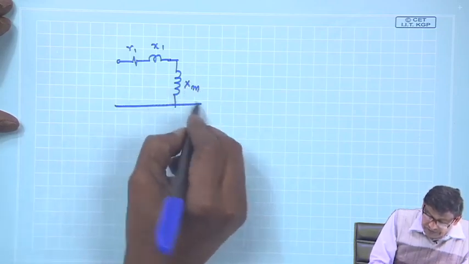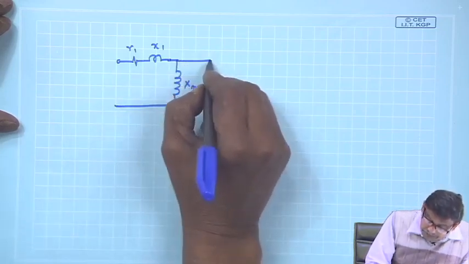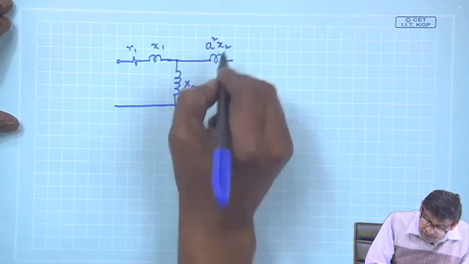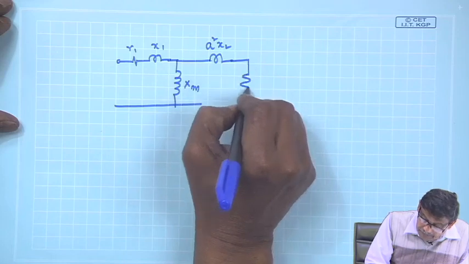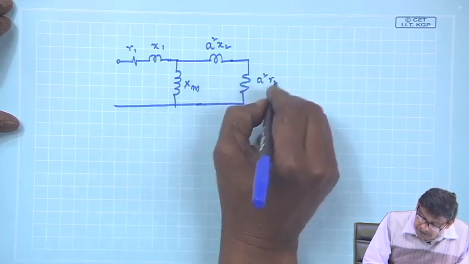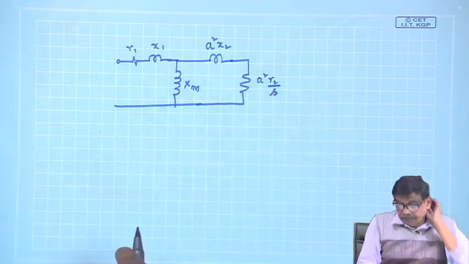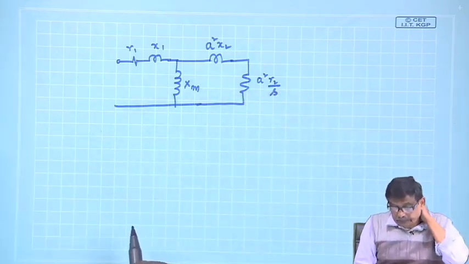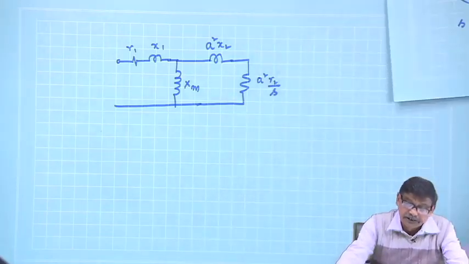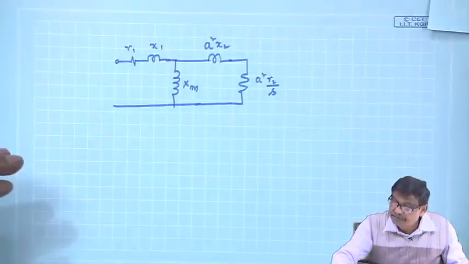Referred to stator, it will be S square X 2 and S square R 2 by S. Why? Because these frequencies are the same. Now, in the stator and rotor in this imagined motor, these are the same frequency.